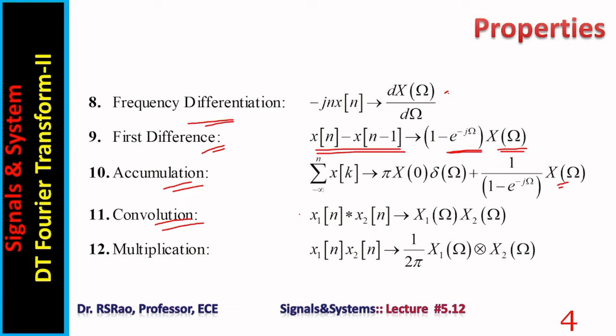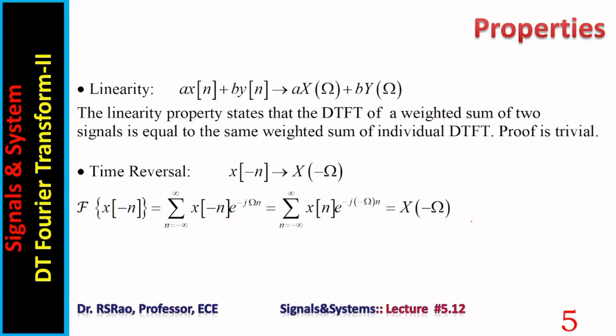Transform of convolution between x1 of n and x2 of n is equal to X1 of omega into X2 of omega. Multiplication property. Transform of the product x1 of n and x2 of n is equal to 1 by 2 pi, X1 of omega circular convolution with X2 of omega. So far, a listing of important properties of DTFTs.